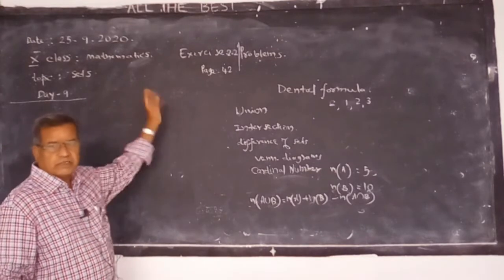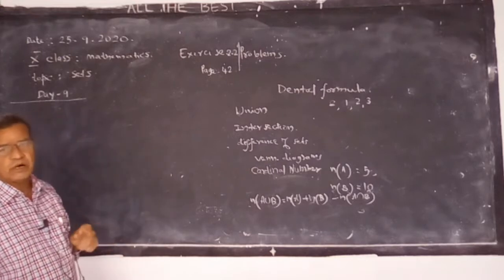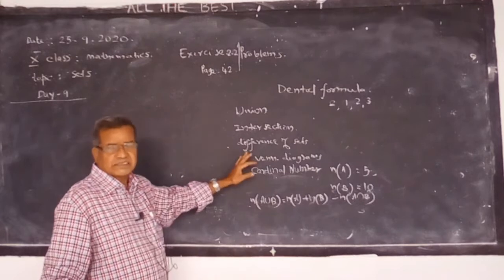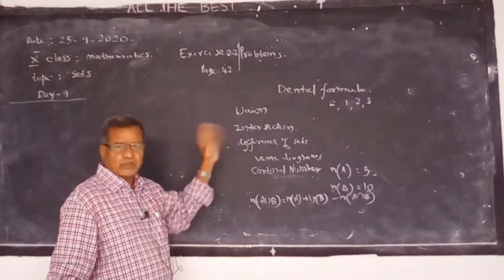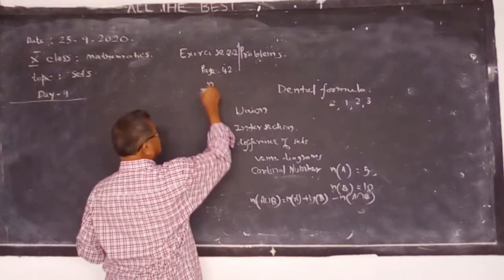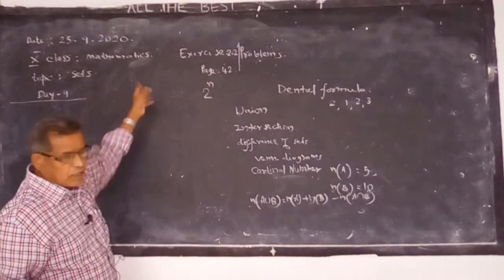We covered subsets also, how to write subsets. If a set contains 2, 3, 4 elements, the formula is 2 power n.